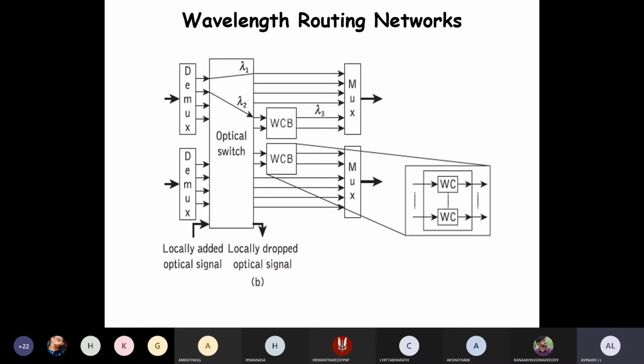So instead of a single wavelength converter for each and every line, we can have the wavelength converter bank. That is also one of the possibilities, and that possibility has been explained in figure B. So we can have a look at this particular diagram.